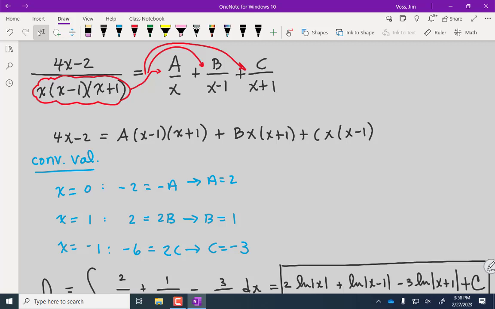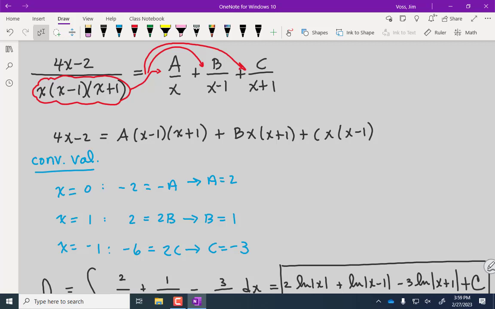When this multiplies to the middle one, x minus 1 and the x minus 1 cancel, so we're left with the x and the x plus 1. When we multiply it by the third fraction, the x plus 1's cancel, so we're left with the x and the x minus 1. You see it? That makes sense. Yeah, so we're distributing that denominator, multiplying it by each and every term.